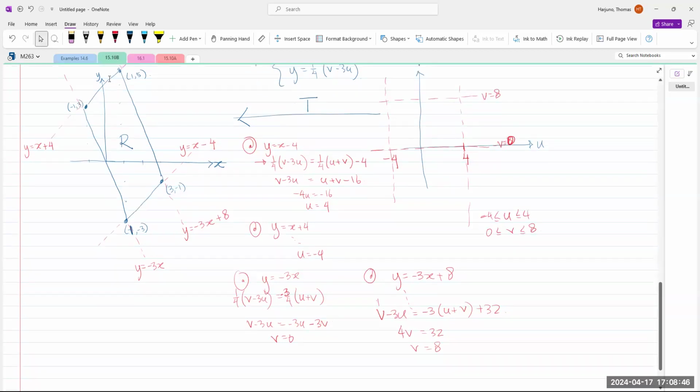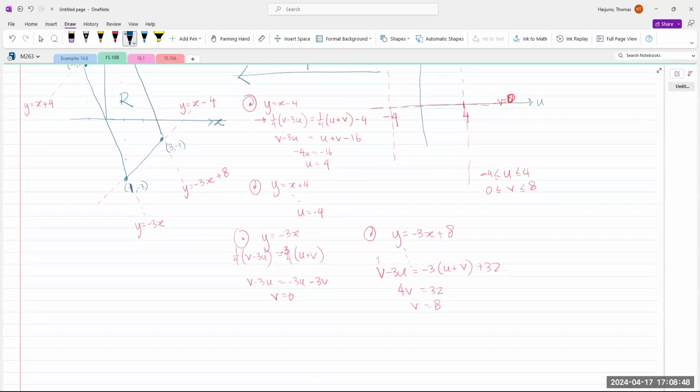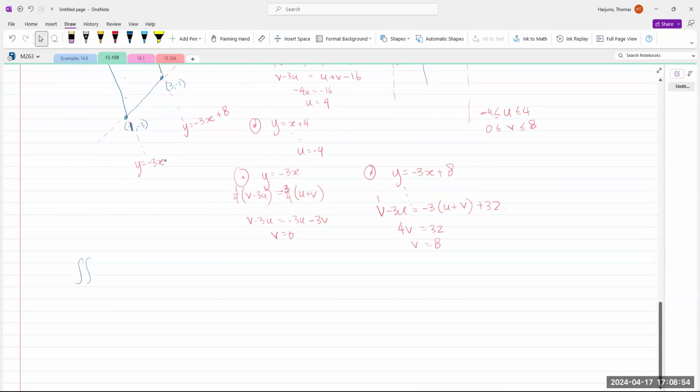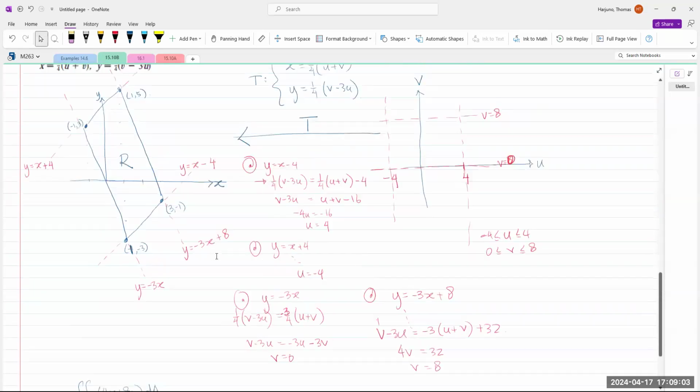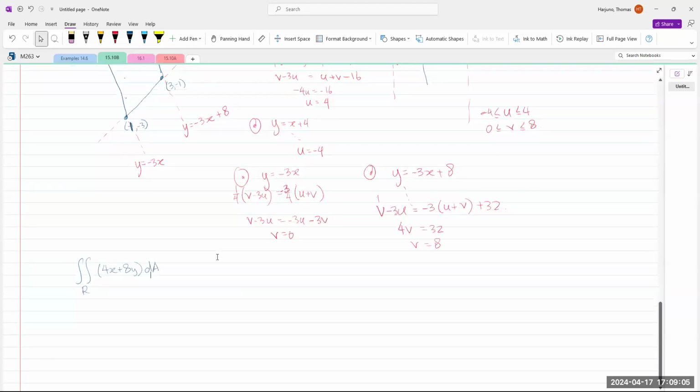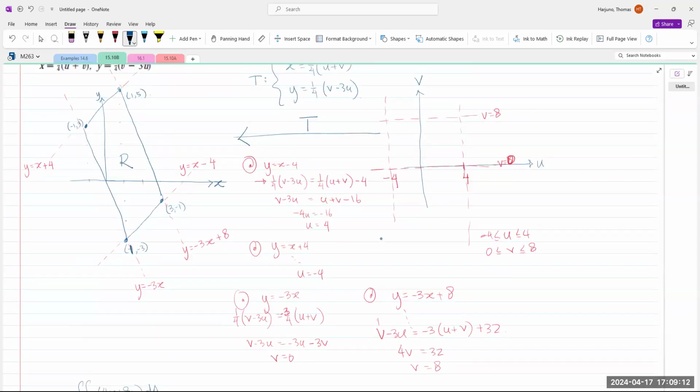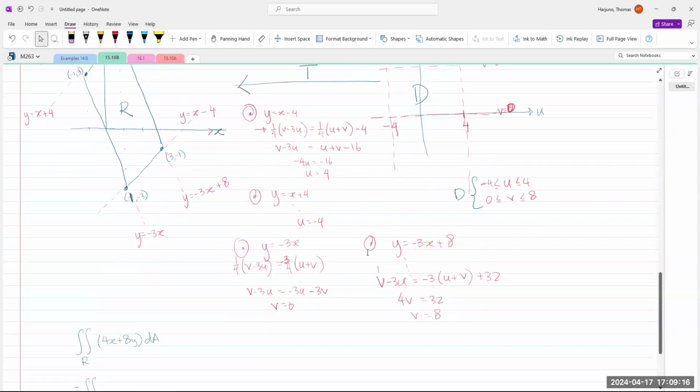Later, when I do my new integral, the double integral over domain R of 4x plus 8y dA will become a double integral over domain D. This is our domain D in terms of u, phi.